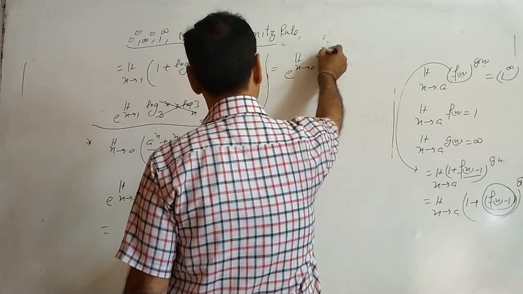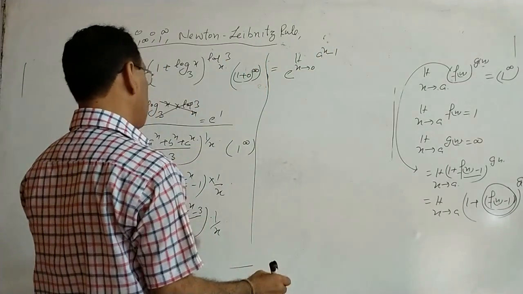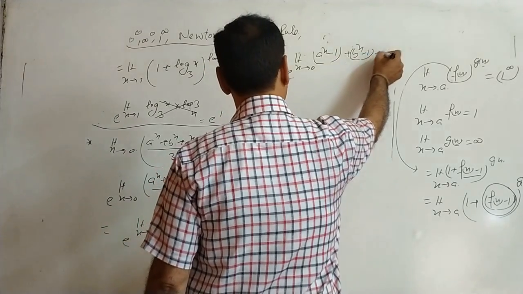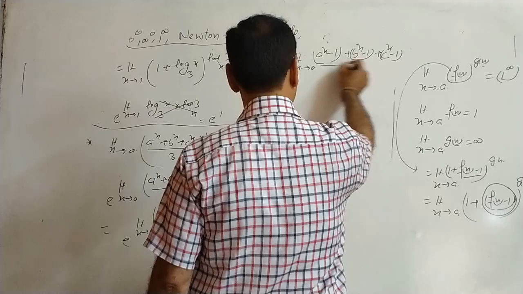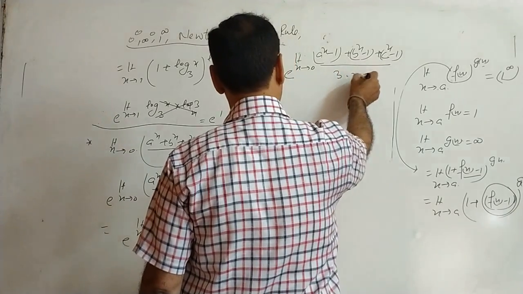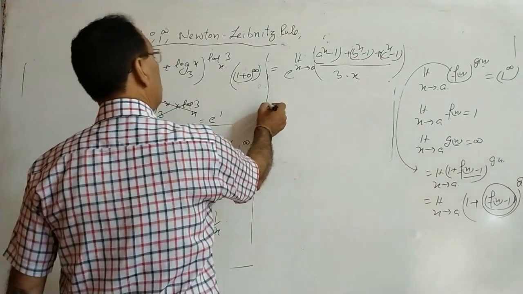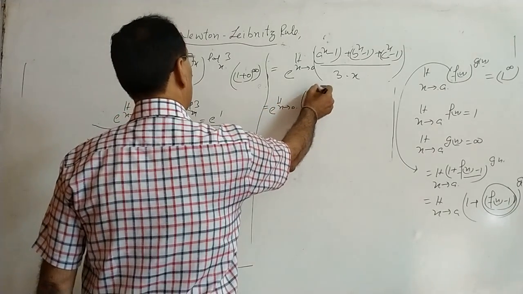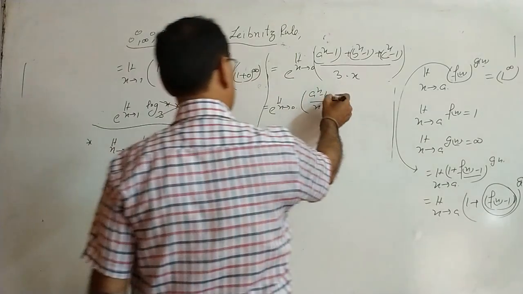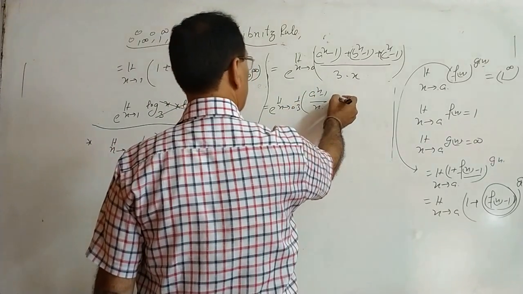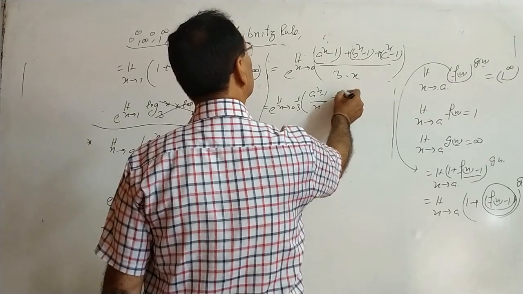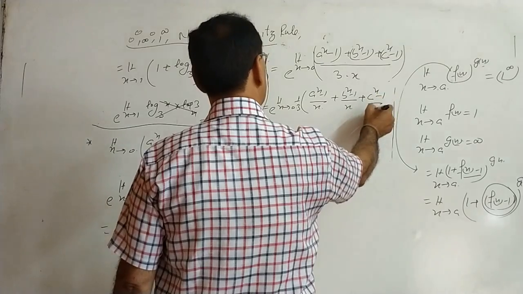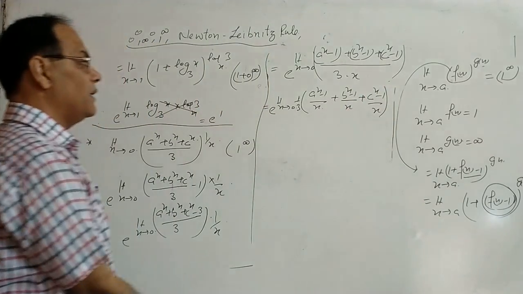So what can I write, a raised to power x minus 1 then plus b raised to power x minus 1 plus c raised to power x minus 1 divided by 3 into x, or e raised to power limit x approaches to 0 a raised to power x minus 1 by x, taking 1/3 outside, okay, then you may write b raised to power x minus 1 by x, c raised to power x minus 1 by x.